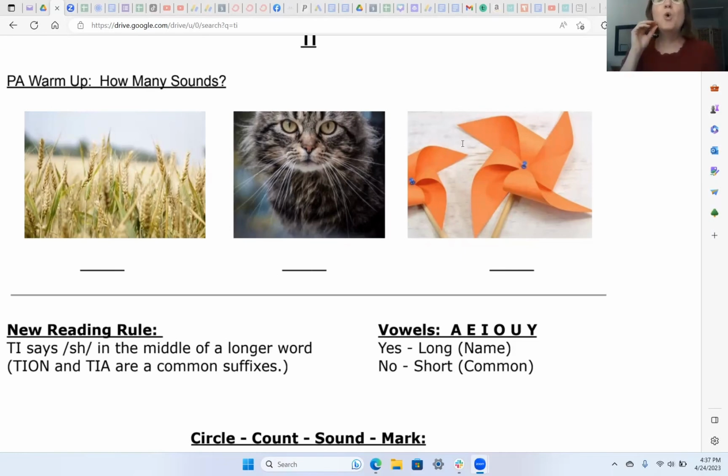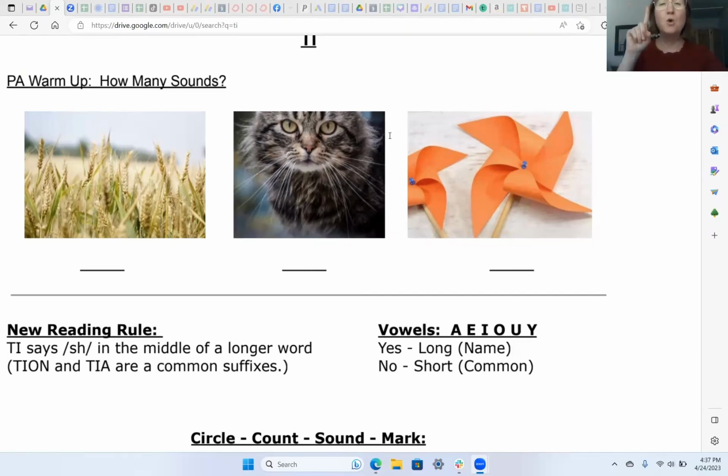Okay, how many sounds in whisker? Take your time. So if we went really slow with whisker, I think there's 5 sounds.